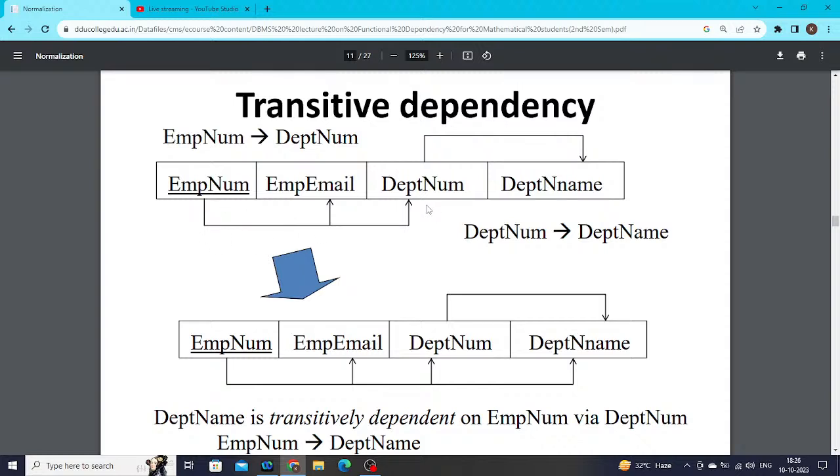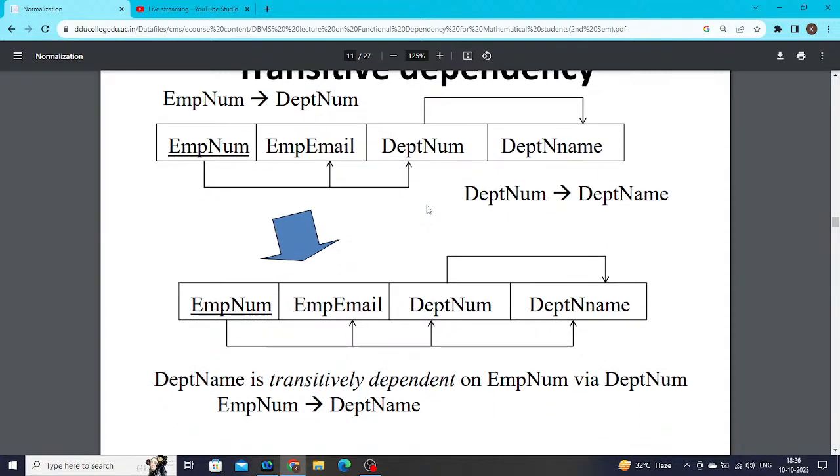Here, department name is dependent on the department number, but the department number is dependent on the employee number and employee ID. Clear? So these are transitively dependent on the department name also, because employee number and employee email are indirectly connected to the department name, because department number is connected to this.